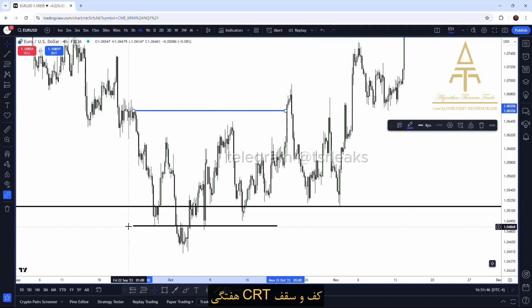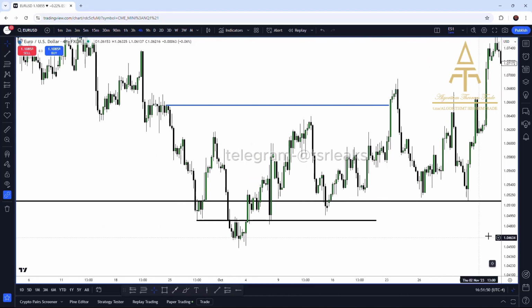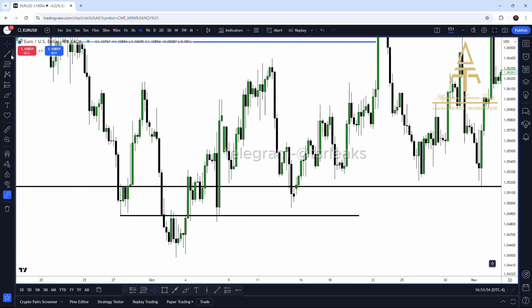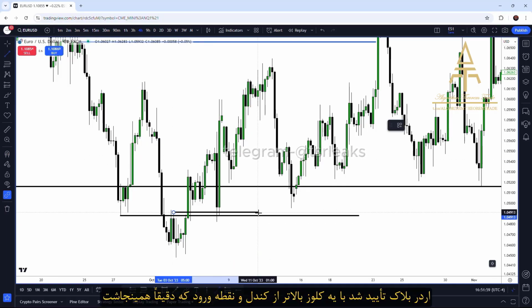Weekly CRT low and high. Order block confirmed with a close above the candle. Close above, entry right off the bat here.